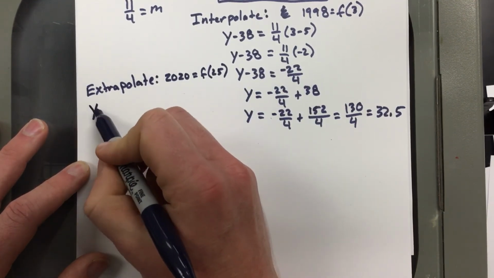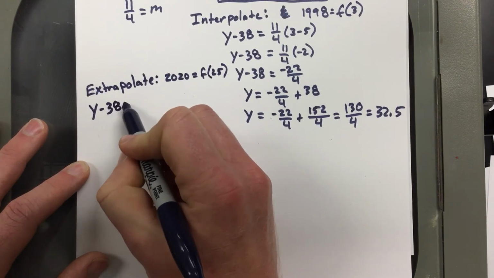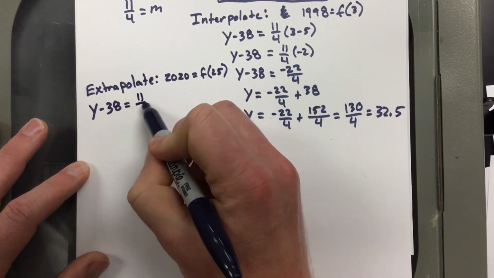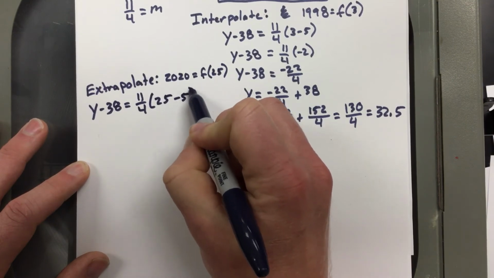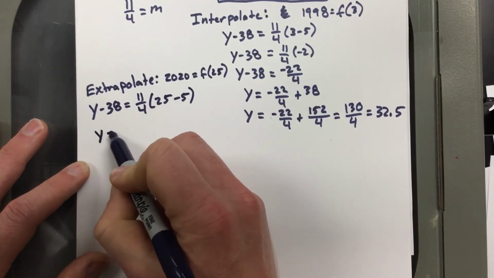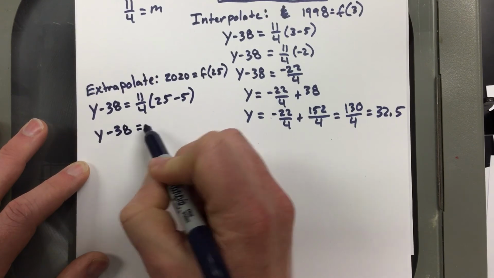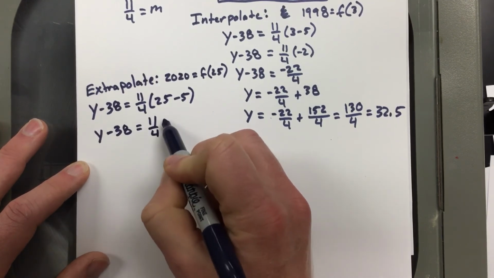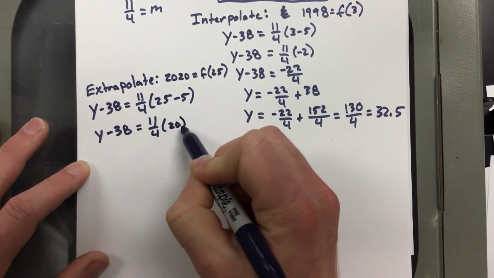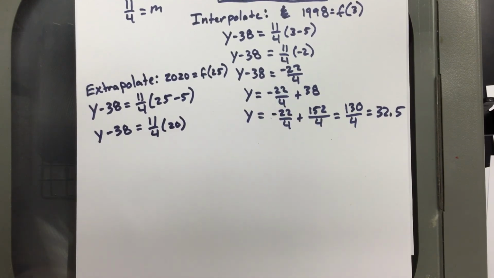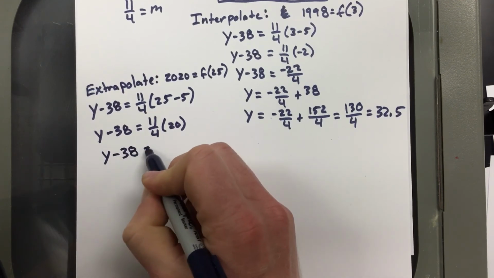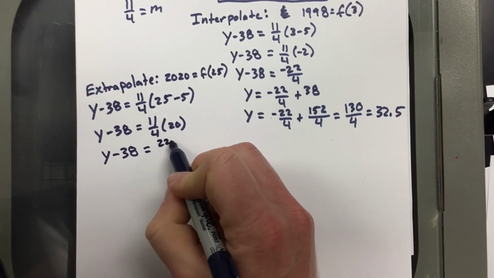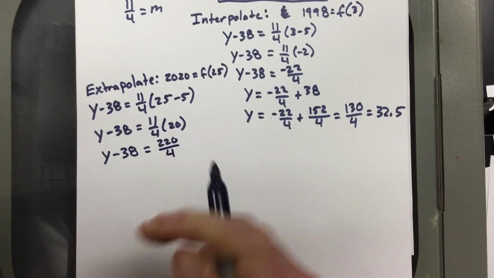I get y minus 38 equals 11 over 4 times 25 minus 5. That's going to give y minus 38 equals 11 over 4 times 20. 20 times 11 gives y minus 38 equals 220 over 4.